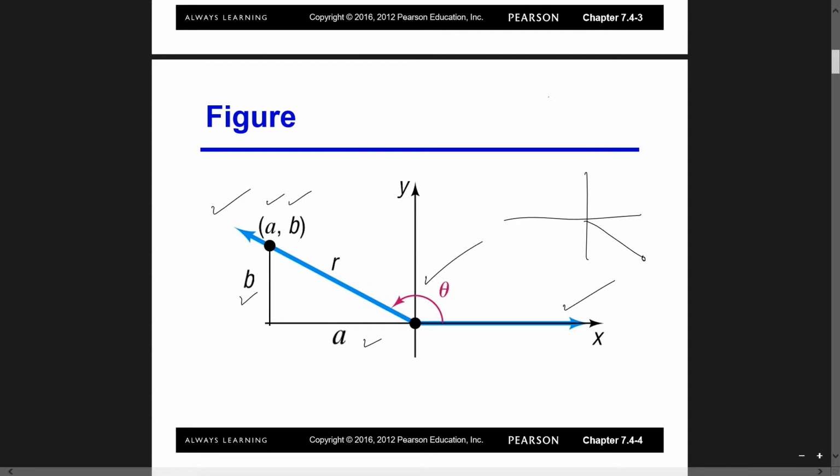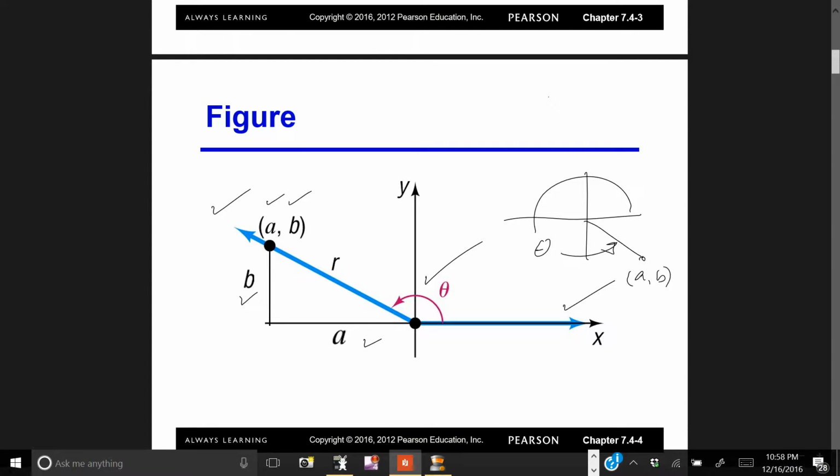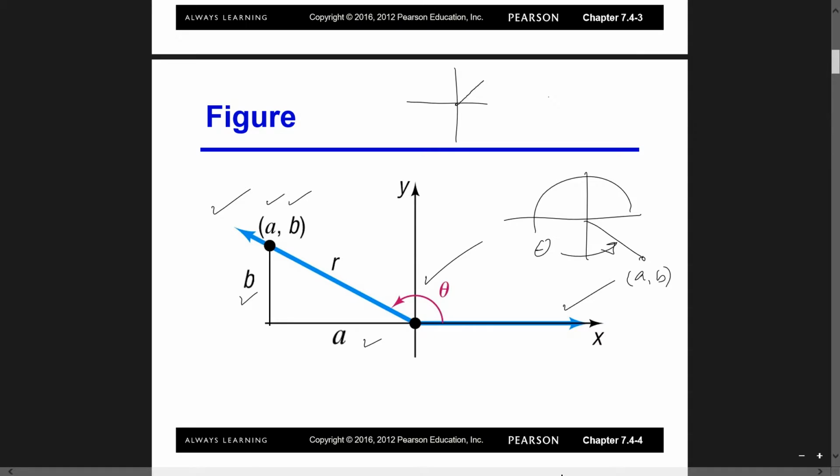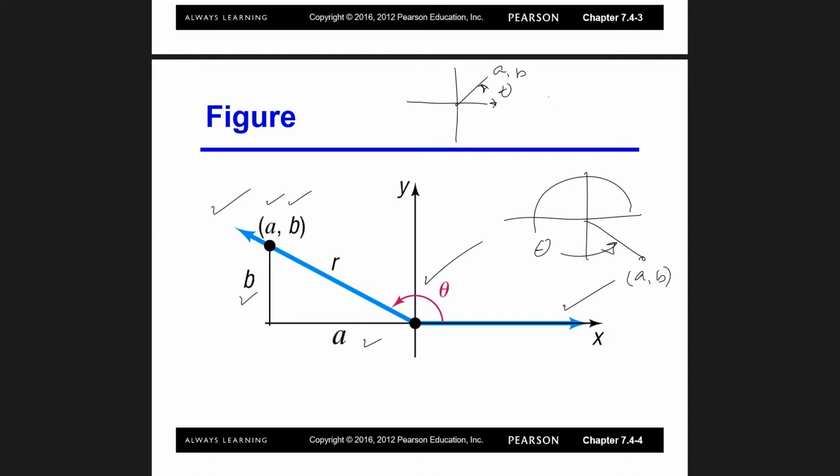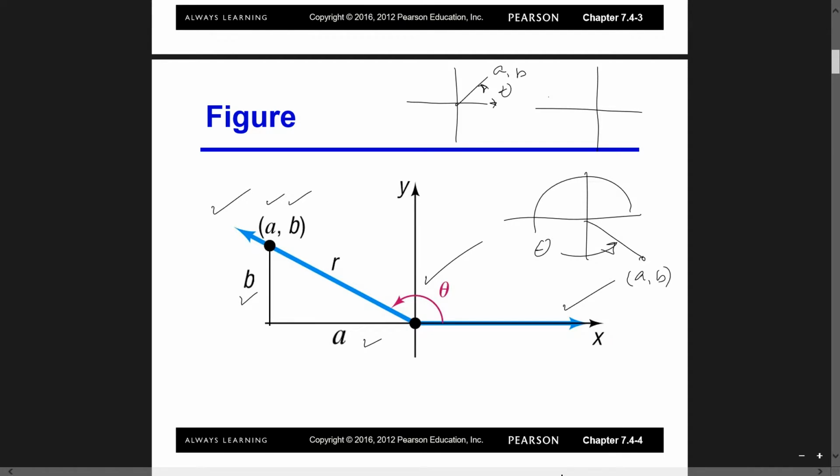It could be over here, where theta would be defined here, and we would have a point A and B. Or it could be in the first quadrant, and we still have a point A and B. Could be the third quadrant, or it could even be an angle in which we go round and round and have a point A and B.